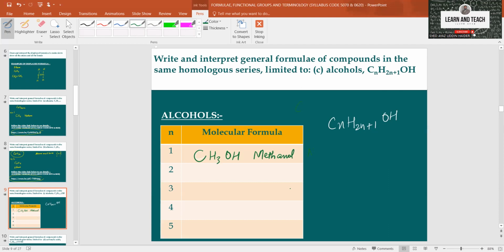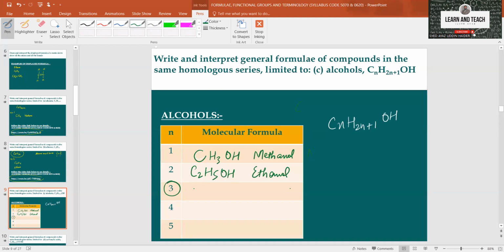Second member, if you put 2 for n, what you'll get? You'll get C2, 2 multiplied by 2 is 4, 4 plus 1, 5, C2H5OH. This is ethanol. In the same way, you can work out the molecular formula of third member.